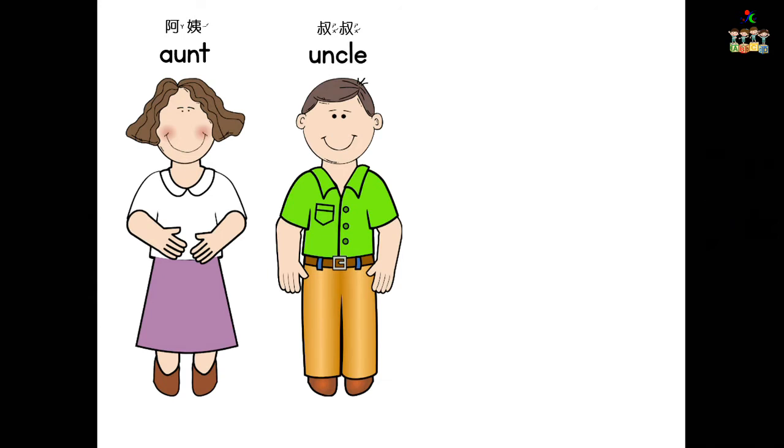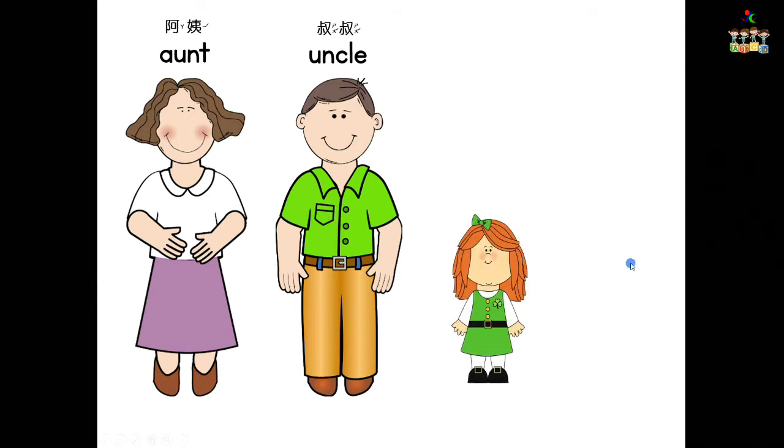uncle. And what about our uncle's children or our aunt's children? What do we call them? Ooh, this is a difficult one for me. 我的中文不好. My 中文 is not so good.